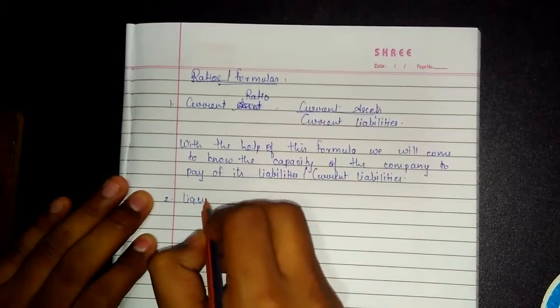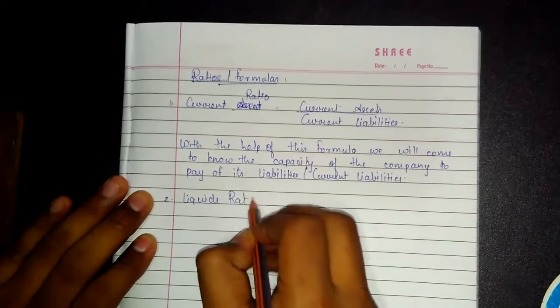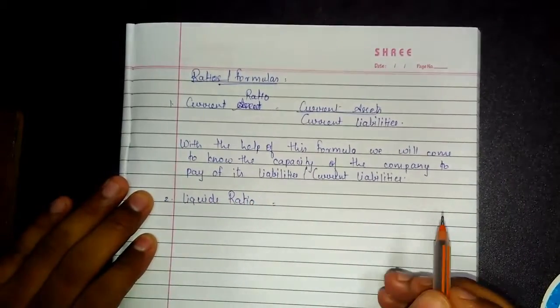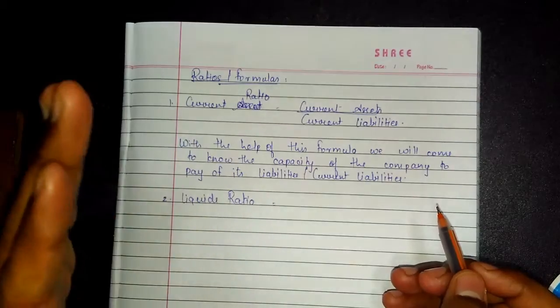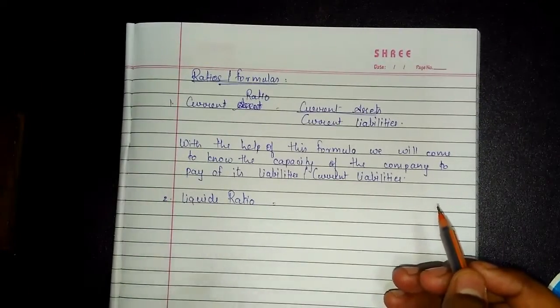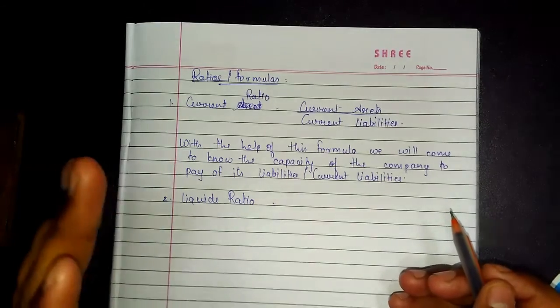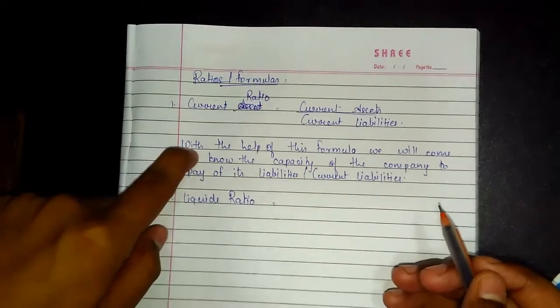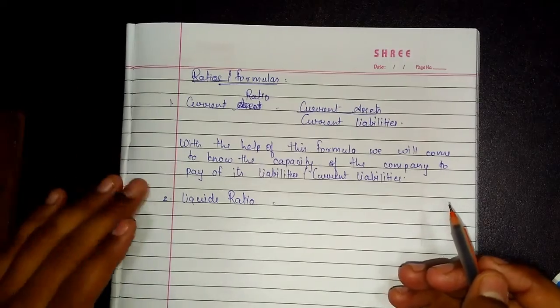Liquid ratio. Presentation is on your own. Please write in such a manner that it becomes interesting for you to read, because formulas are really boring at times, but because of this explanation it might become a little bit interesting.